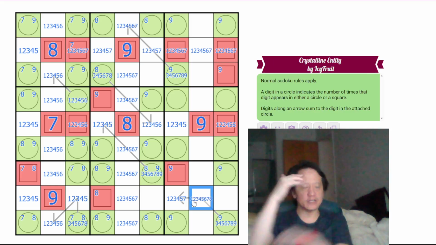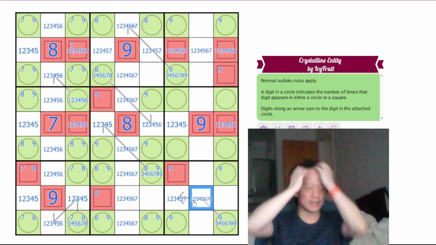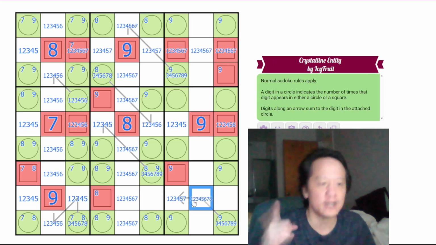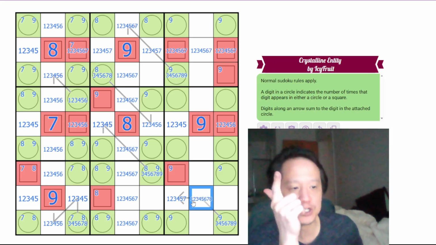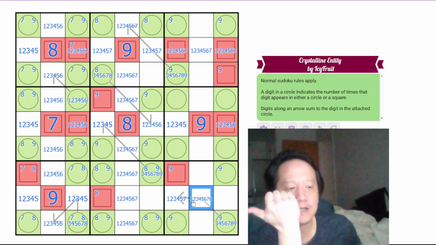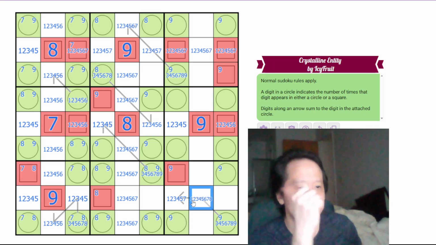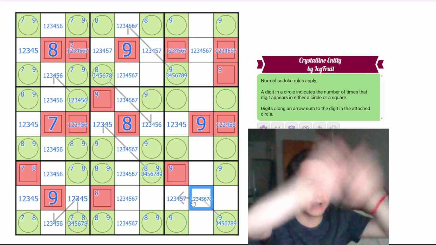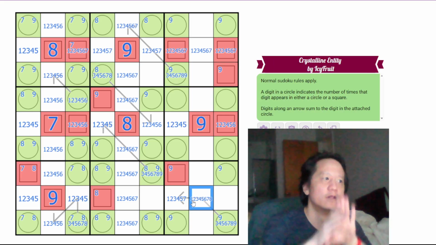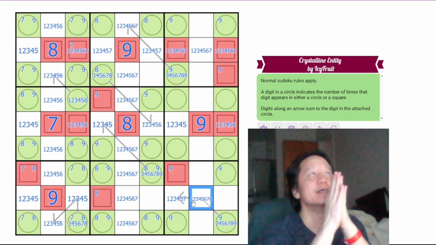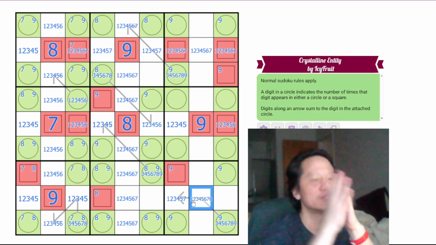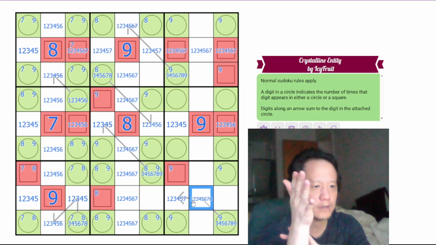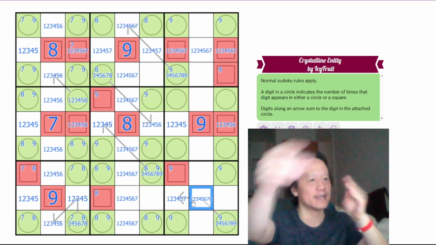But the problem is that can only fill out 9 of the cells, so that can never work. Because every other single digit has to be in that amount in a circle or square. That already accounts for everything. So it has to add up to exactly 10.